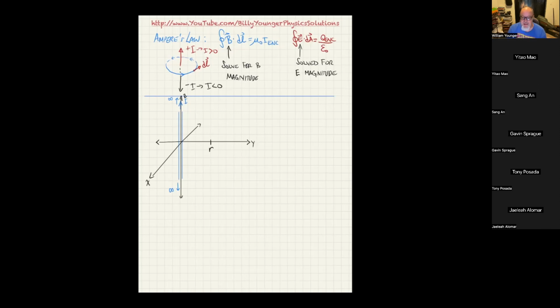So if it's not a constant on that circuit, that circle that we're doing, then it better be 0 on that circuit, or it better be perpendicular to dL on that circuit. So hopefully y'all understand what I'm saying.